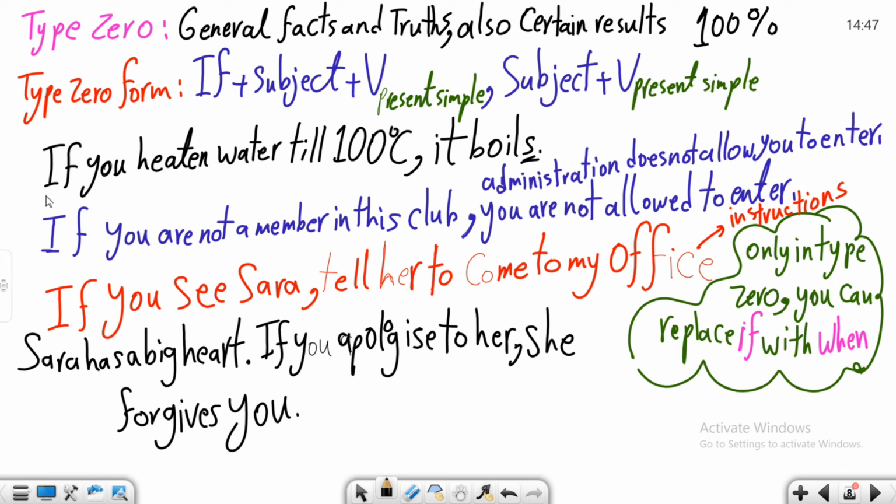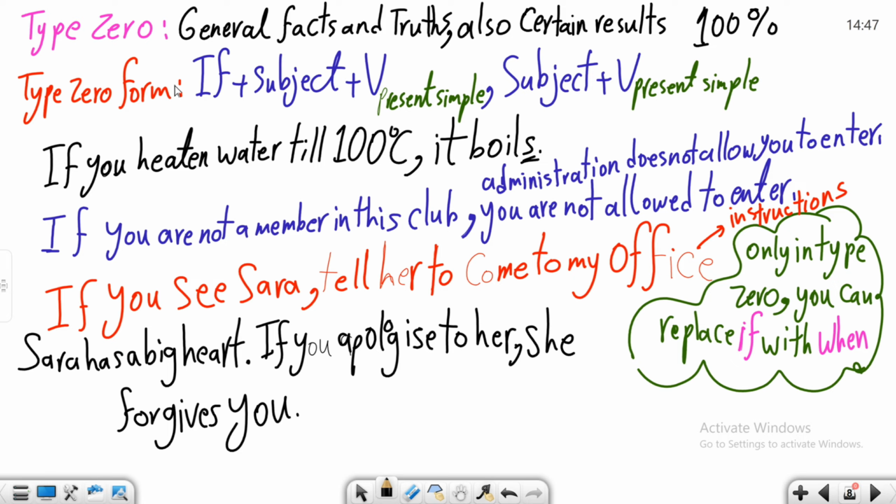And I'm going to start with the first point. First example: if you heat water to 100 Celsius degrees, it boils. Here, my friends, we have a general fact that tells you that there is a condition, which is heating water until 100 Celsius degrees, and the result of this statement will be the water boiling.